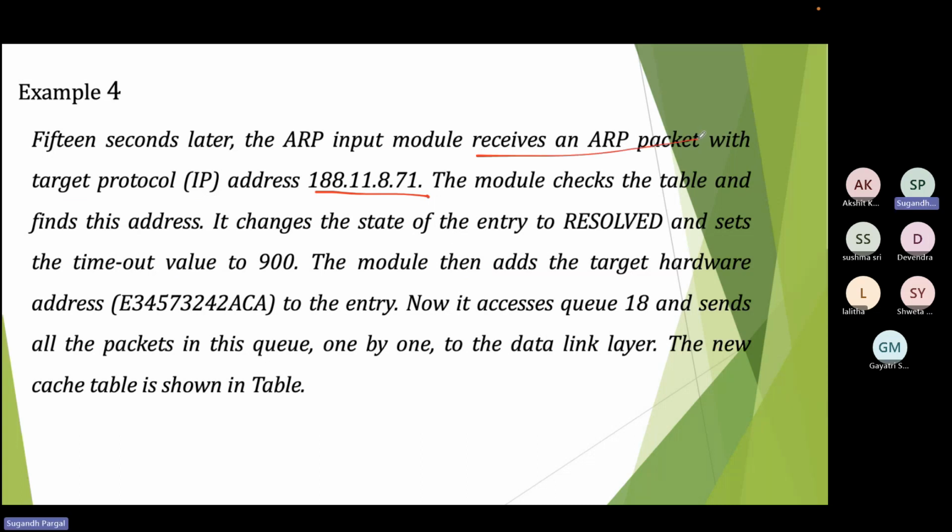So it receives the ARP packet, not the request, but the ARP input module receives the packet back, and then it updates the entry. It changes the state of that entry to resolved and sets the timeout value to 900. The module then adds the target hardware address to the entry.